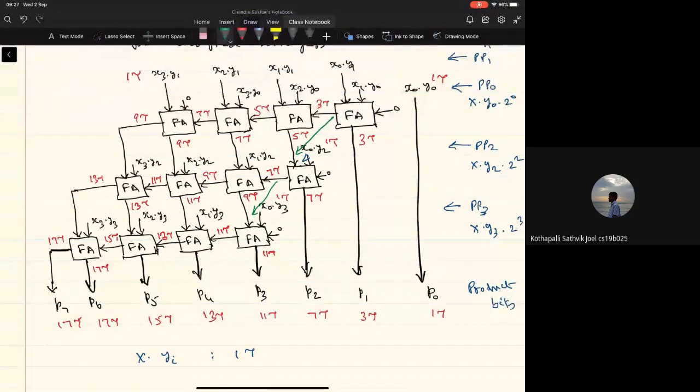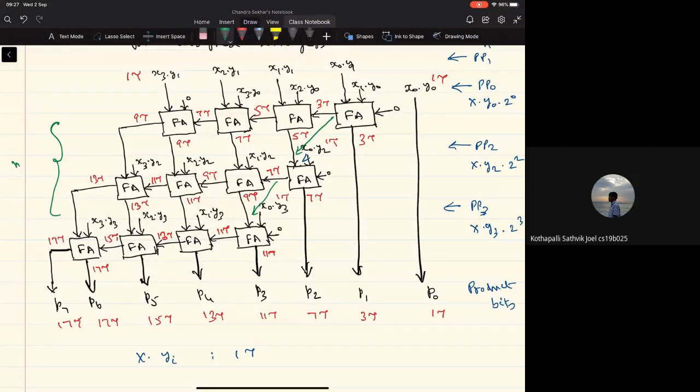Now, in a general n-bit multiplier, how many such levels will be there before the final full adder stage? In this case, there are 2. The relation to n is 4 minus 2, and in general, for any n-bit multiplier, there will be n minus 2 levels of full adders before the final level of full adder.